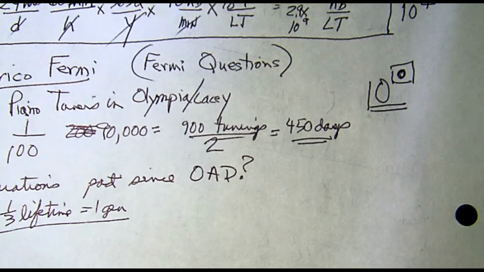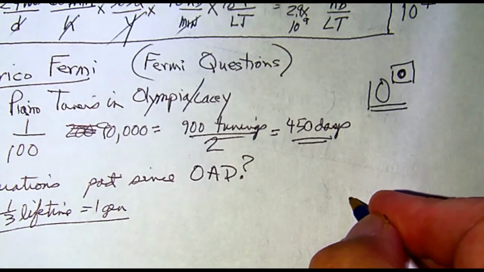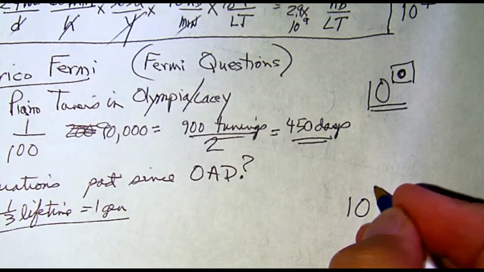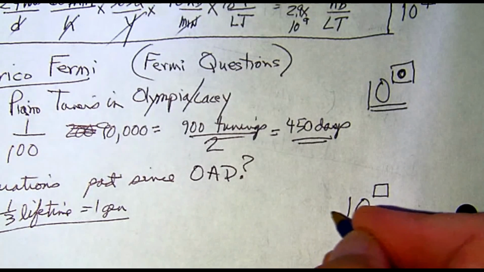If your grandparents are around 60-ish, they could have children that are 40-ish and grandchildren that are 20-ish. That's kind of it, all right? I'm going to give you a minute and see if you can come up with what I come up with. How many generations?